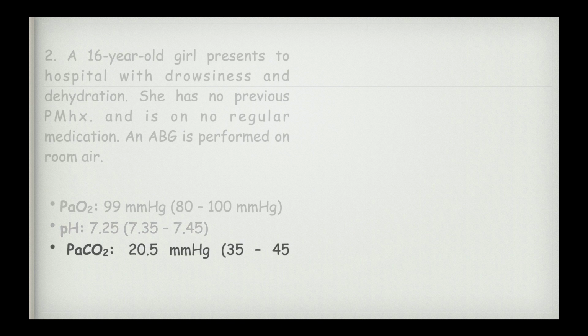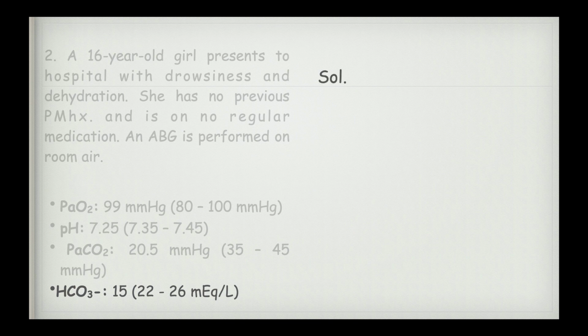The arterial blood gas performed on her shows the following: a partial pressure of oxygen of 99 millimeters of mercury, a pH of 7.25, a partial pressure of carbon dioxide of 20.5 millimeters of mercury, and a bicarbonate of 15 milliequivalents per liter. Now, what do we make of this case?